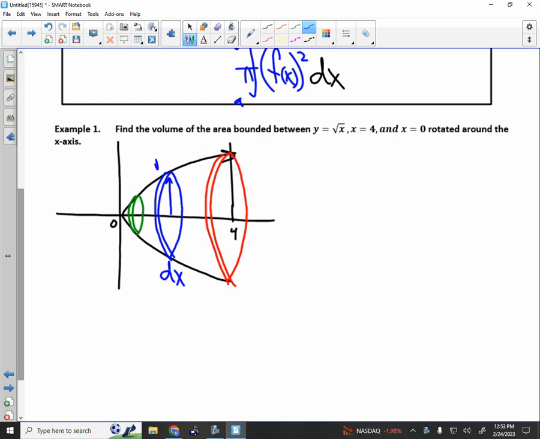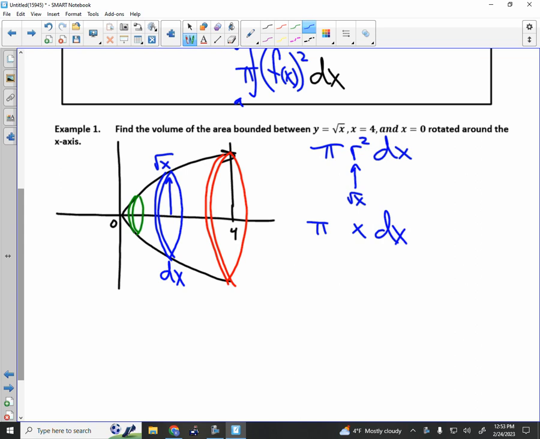Square root of x is the height. That is the radius of the disc. So when you look at pi r squared dx, for our radius we put in the square root of x for r. So pi times what? x dx. That is the volume of one disk.